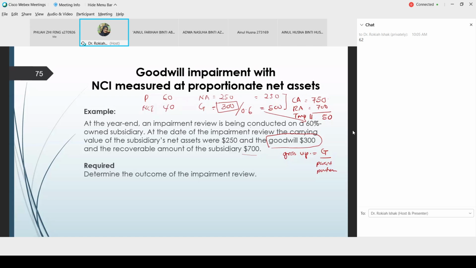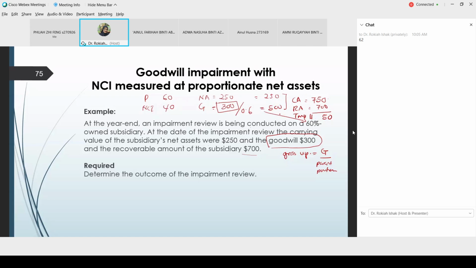So the things that you have when the NCI is measured based on the proportionate, you need to gross up the amount of the goodwill, because the goodwill that we have here is solely to the parents. So you need to know the gross amount of the goodwill. That 300 is solely to the parent.